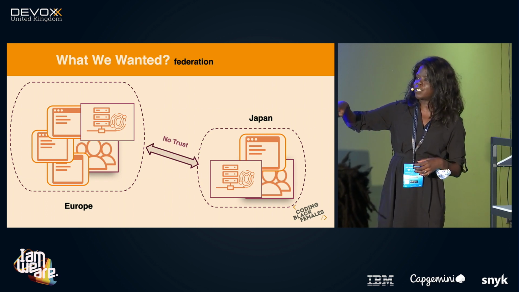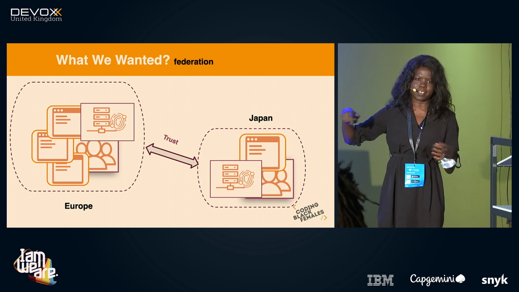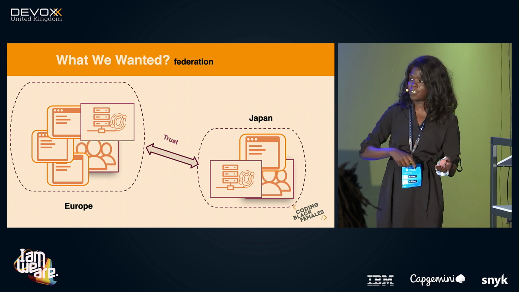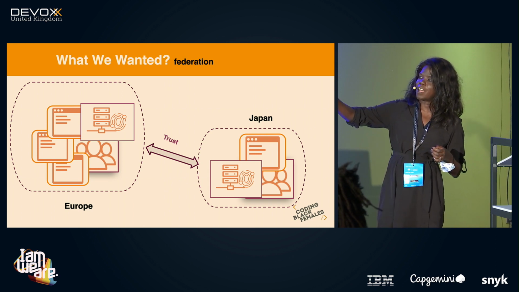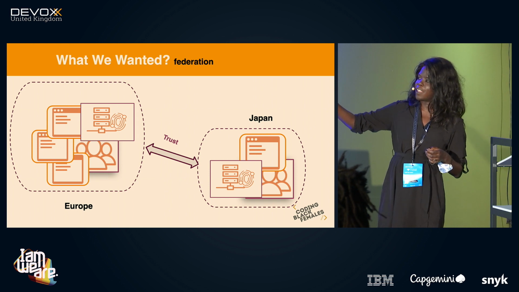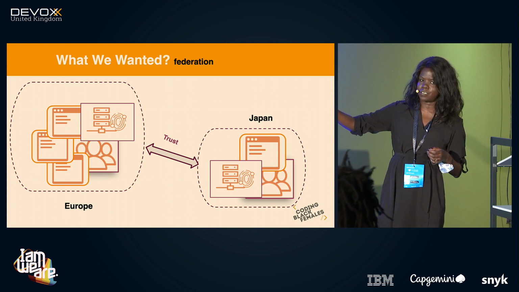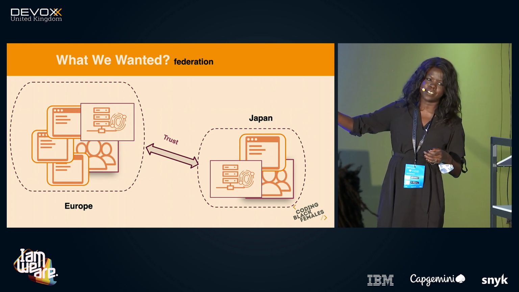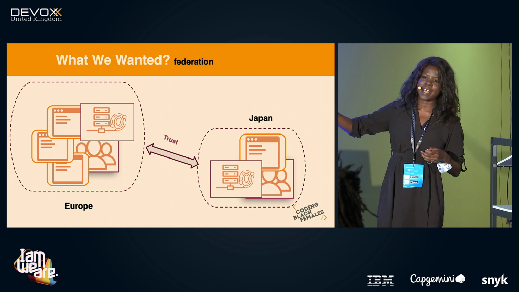But if we could establish trust using something like client IDs, secrets, certificates, what that would mean for us is our users in Europe would be validated signing into Europe, and then they could have access to Japan's applications. What it also means is that if the admin in Europe takes away the access in Europe, that person automatically loses access in Japan, and Japan never needs to know about it.